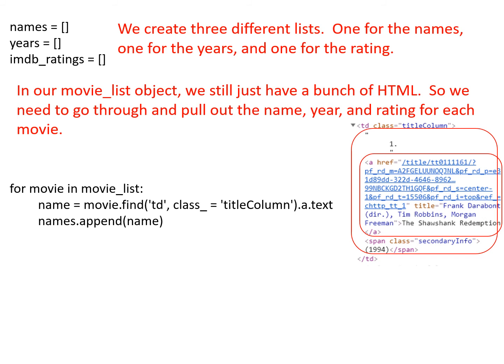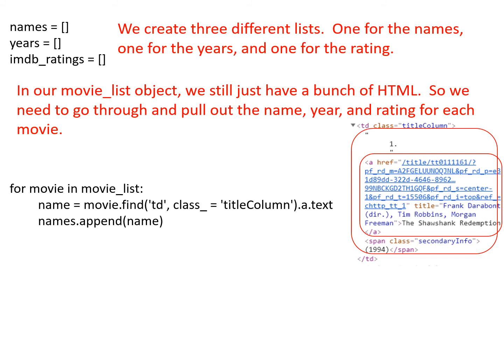So the first time it goes through this, it will put the very first name into this list. We're going to do some other things here before it moves on to the next element, but it would start with the first movie, find The Shawshank Redemption, and put that name into the list called names.